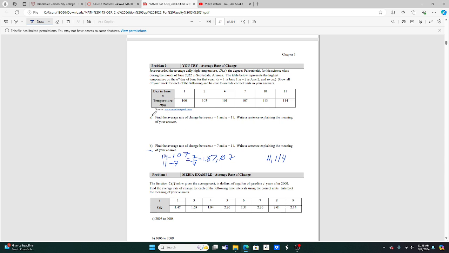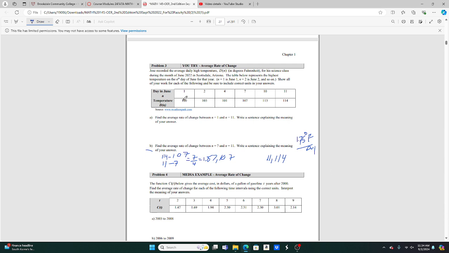So our output is temperature in degrees Fahrenheit, and the number on the bottom is in terms of days. So we're going to say 1.75 degrees Fahrenheit per day. So on average, from June 7th to June 11th, the temperature increased on average by 1.75 degrees Fahrenheit per day.